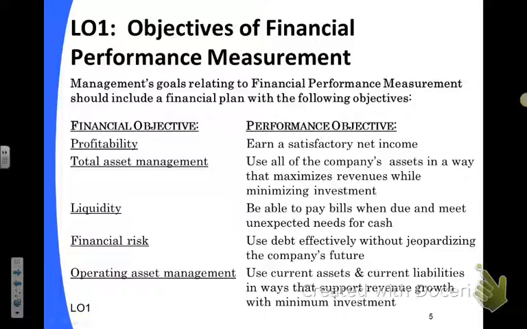They're going to look at the profitability of the company, and in the performance objective, they're going to determine whether or not the company is achieving satisfactory net income. As it relates to the total asset management objective, they're going to see if the company is maximizing the use of its assets toward revenue generation, and using the assets to the best of their ability.